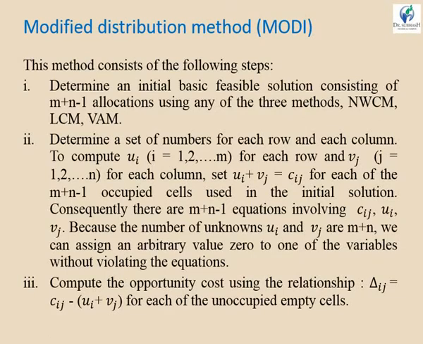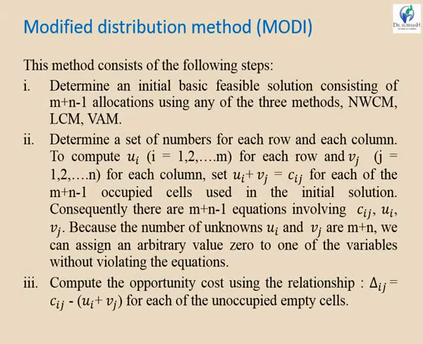So the first step using the MODI method is to obtain the basic feasible solution using any of the three methods. But as we discussed in our previous lecture, Vogel's approximation method, VAM, is more preferable because it takes you nearer to the optimal solution.